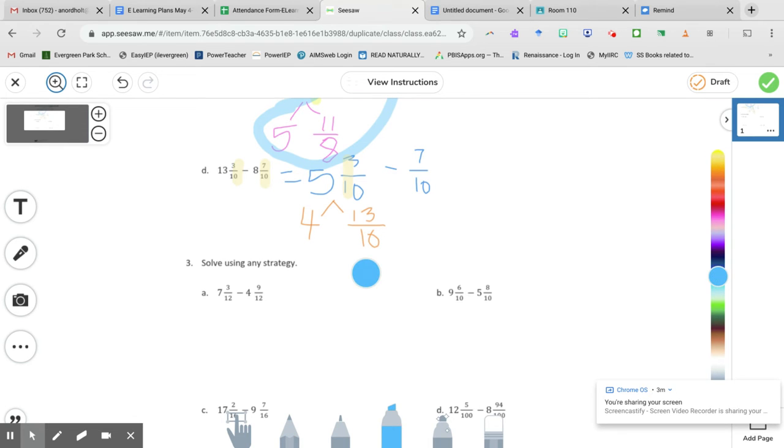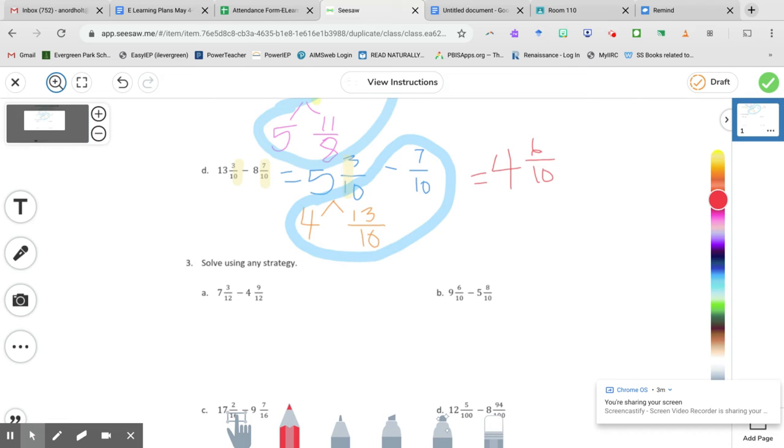So now in turquoise here, I like to circle what I have left. So my whole number is 4. 4 minus no other whole number is 4. And I have 13/10 minus 7/10, and I get 6/10. And I circle my answer.